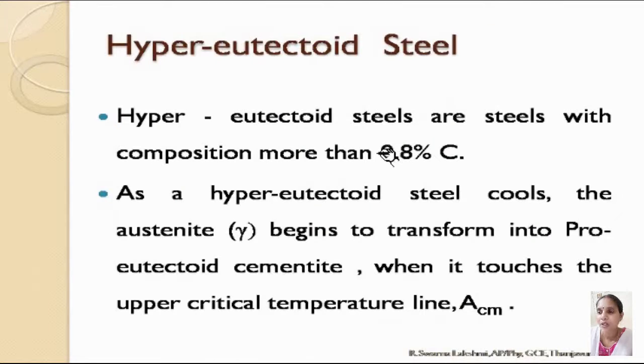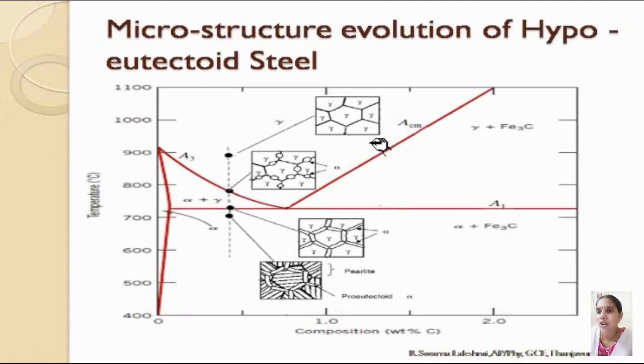In a hyper-eutectoid steel, which are steels with composition more than 0.8 weight percent carbon, you can try drawing a similar diagram. Instead of alpha phase, pro-eutectoid cementite phase will be formed for a hyper-eutectoid steel.